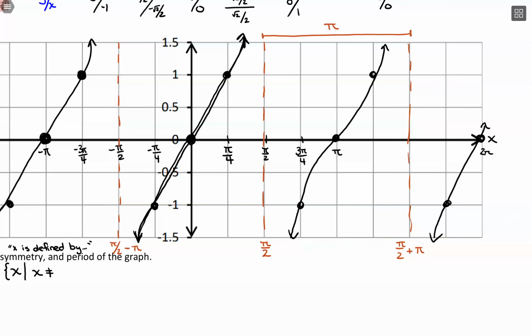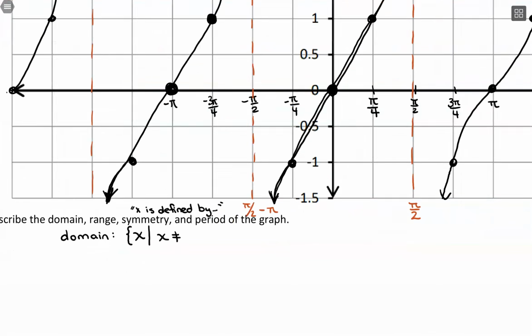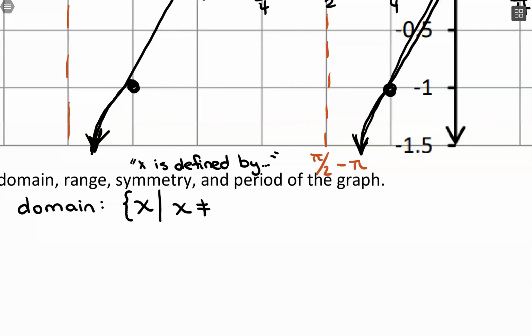We can do any number in there as long as it's an integer, meaning it can't be a fraction or a radical or anything like that. It would have to be an integer. So how I'm going to express that is kind of like an equation of that: x cannot equal pi over 2.